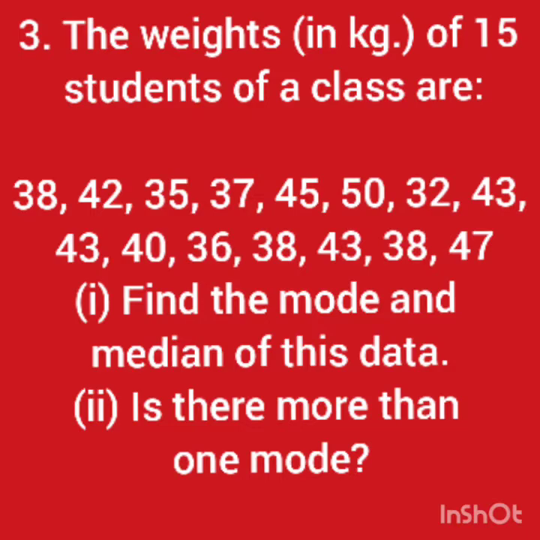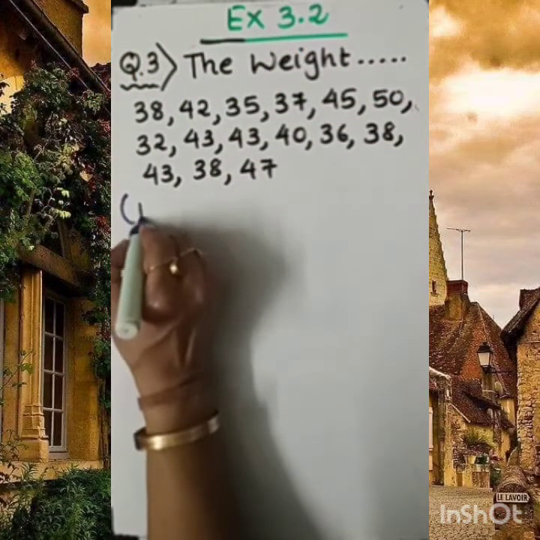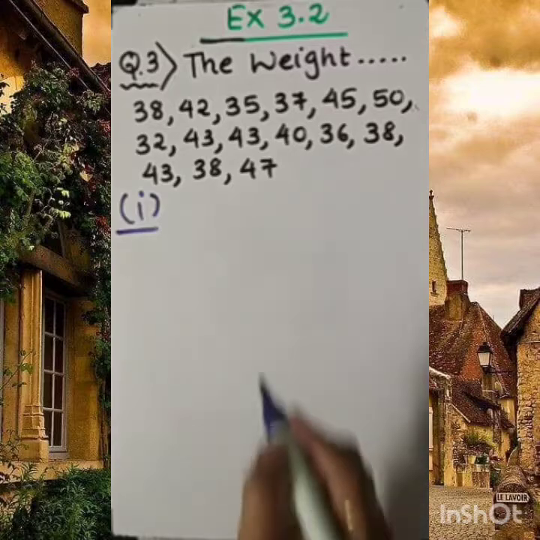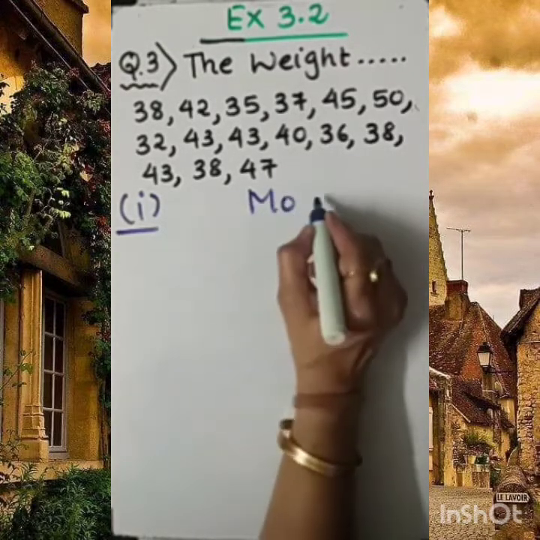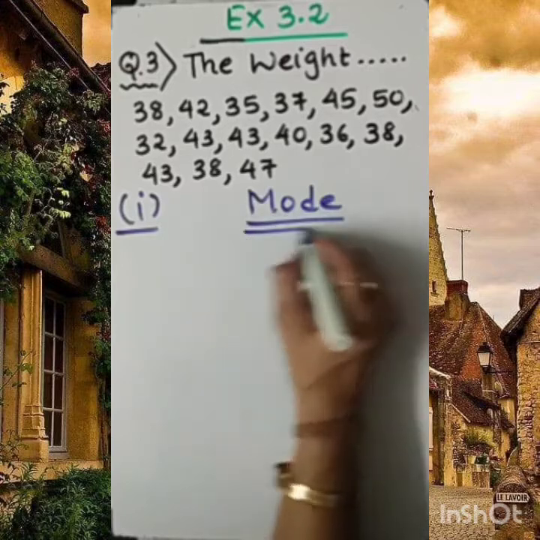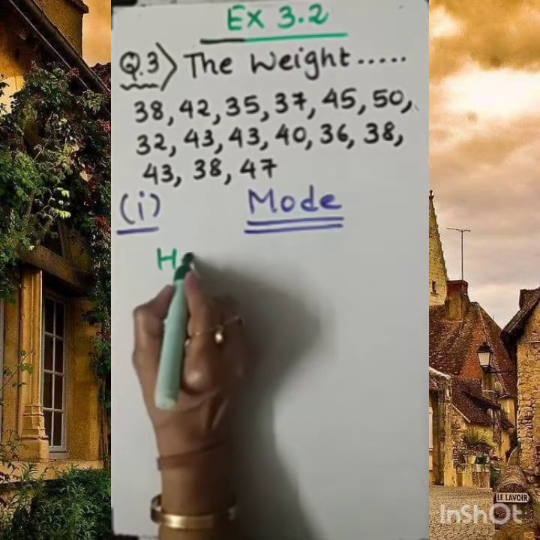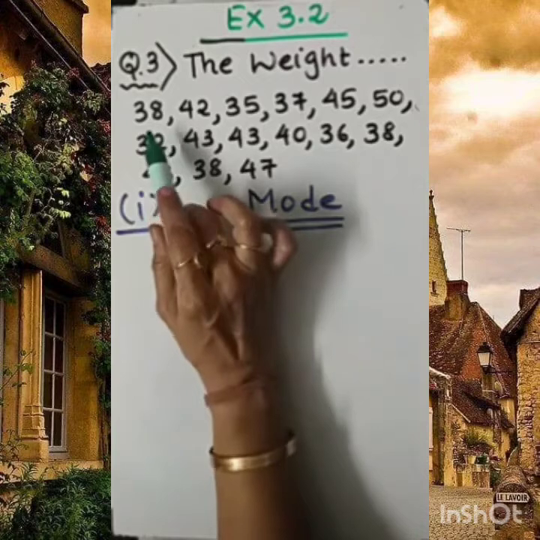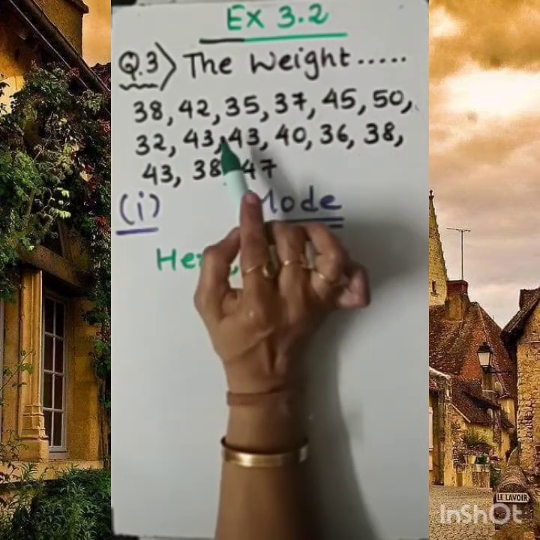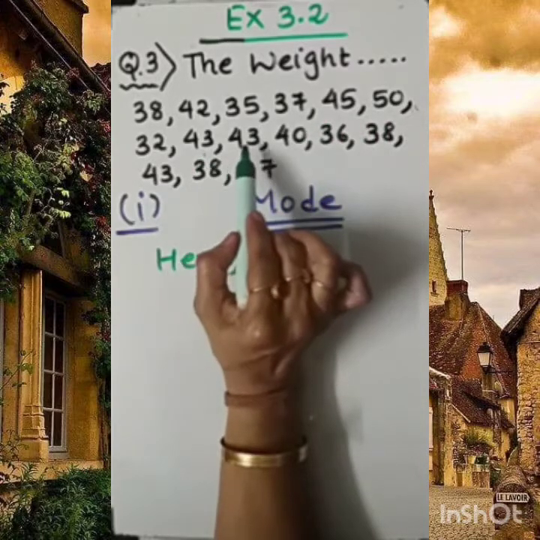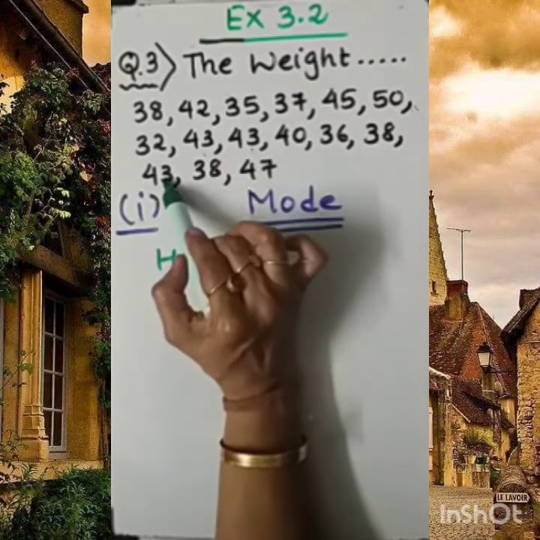So according to the first question, I am giving the heading 1. Question 1 says we need to find the mode and the median of the data. First of all, I am finding the mode. Under the heading mode, we need to mention which number is repeated. Here I can see out of all these observations, 43 is repeated 3 times.